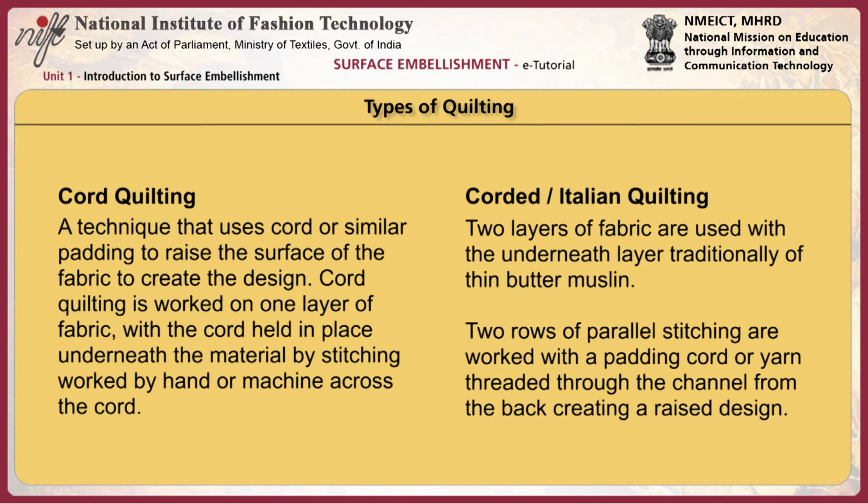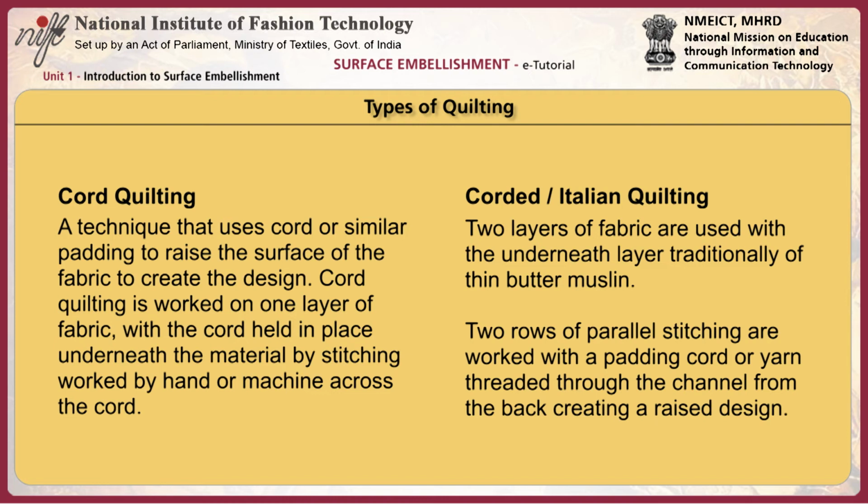The cord quilting technique uses cord or similar padding to raise the surface of the fabric to create the design. Cord quilting is worked on one layer of fabric with the cord held in place underneath the material by stitching worked by hand or machine across the cord.